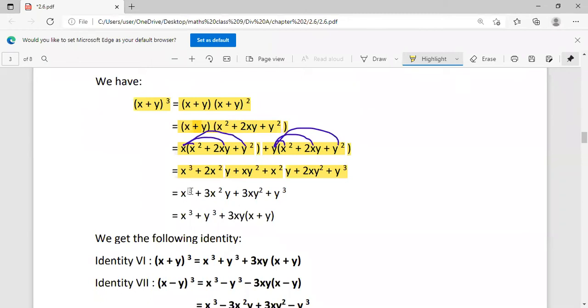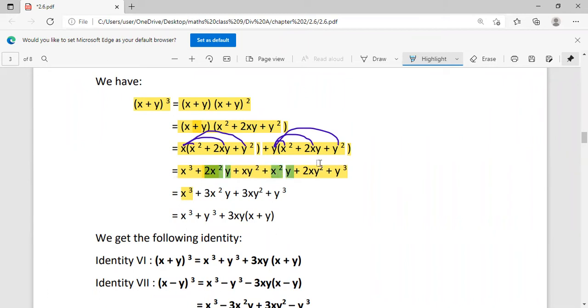So again, we are adding the like terms. See, there is nothing to be added to x cubed. But see here, 2x squared y is there, and again, see here, another x squared y is there.